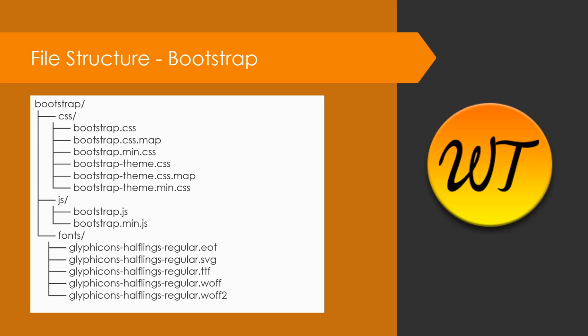Inside the CSS folder, we have a lot of files like bootstrap.css, bootstrap.min.css, and bootstrap-theme.css. In a very similar way, for JavaScript, we have bootstrap.js and bootstrap.min.js. Inside fonts, we have the glyphicons, so it will have the icons which are available for Bootstrap.